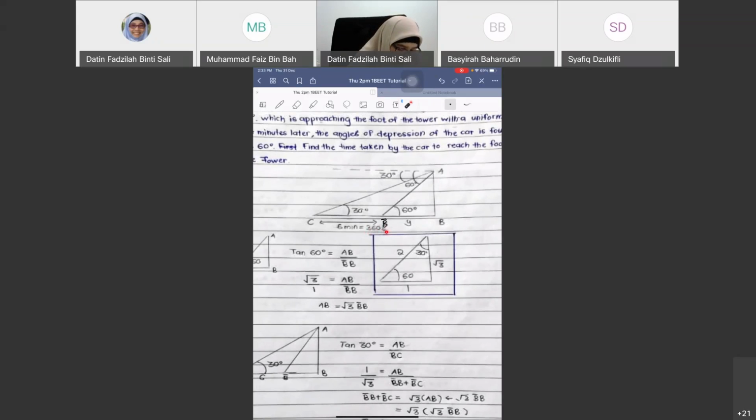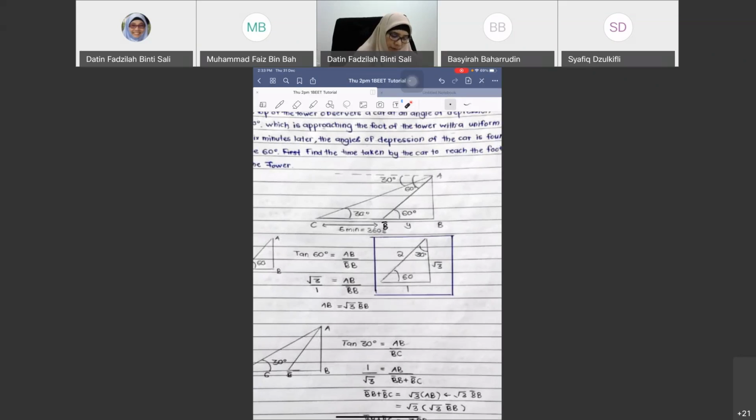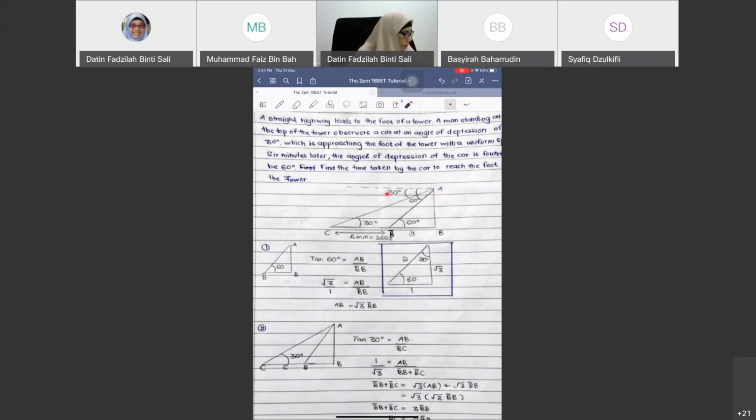Cannot see. It's actually 360 seconds. Oh, okay, I can see. All right, 360 seconds, so you put it here. So this is the diagram. It's a correct diagram.